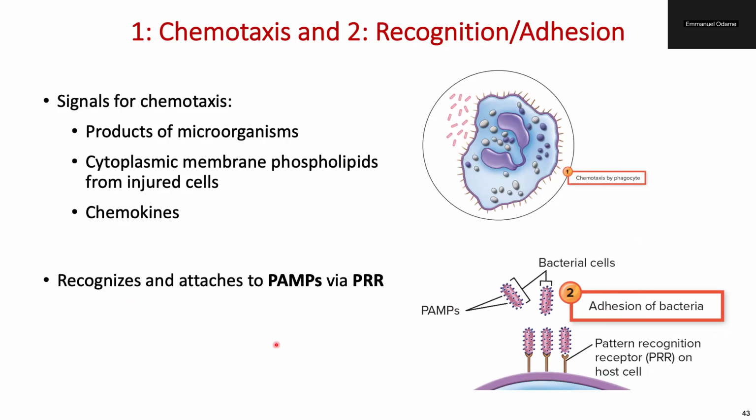wrong. And then, in our case, let me use the bacteria to make it simpler. Once the bacteria secrete the chemotaxins or chemokines, the immune cells have to have these PRRs, or pattern recognition receptors, present, and they have to recognize the message being sent by the foreign bacteria, or the PAMPs, and then attach to the PAMPs through the PRR.